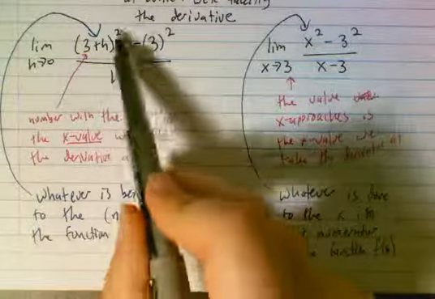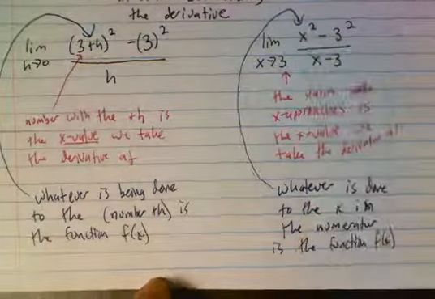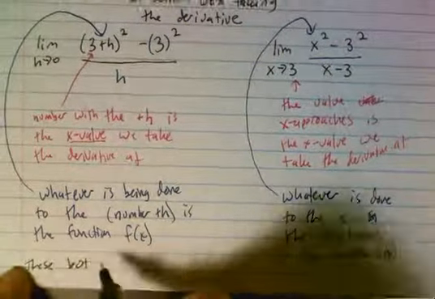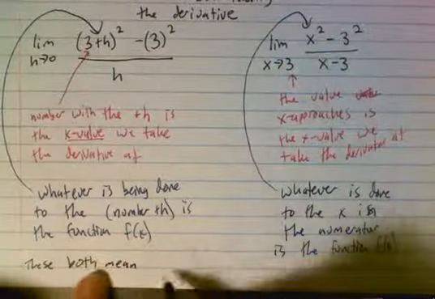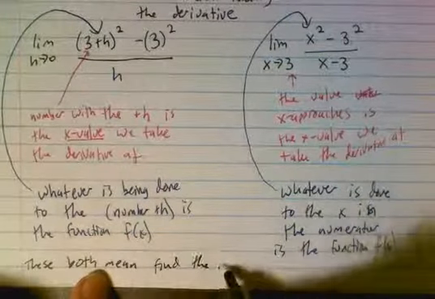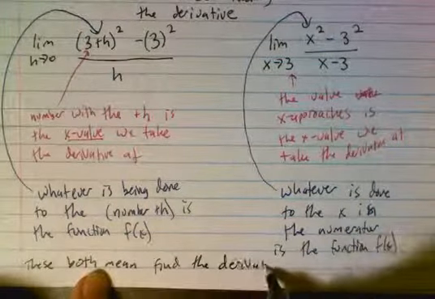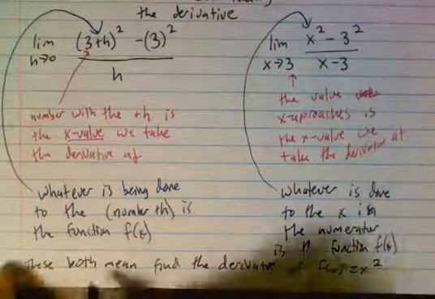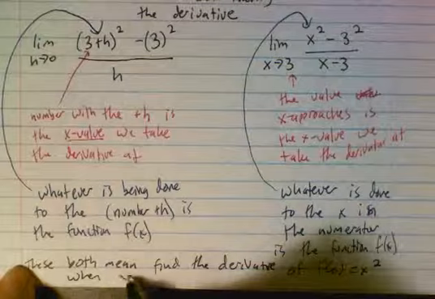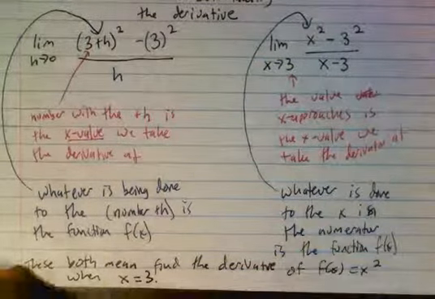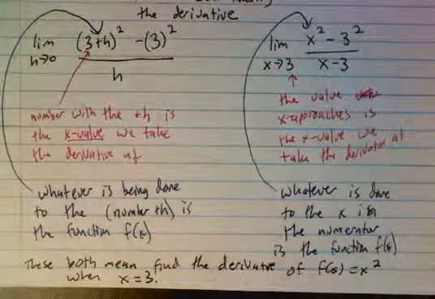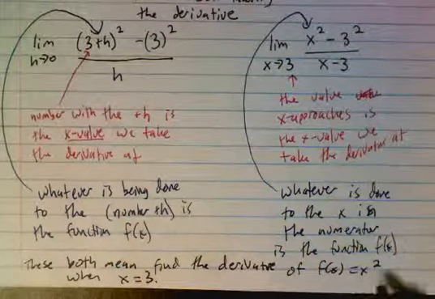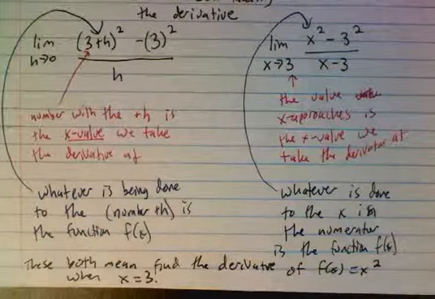So 3 plus h squared over here, x squared over here. So we would interpret these as both meaning find the derivative of f of x equals x squared when x equals 3. We could do that easily enough. Take the derivative, f prime of x equals 2x, plug in 3, and we're good to go.